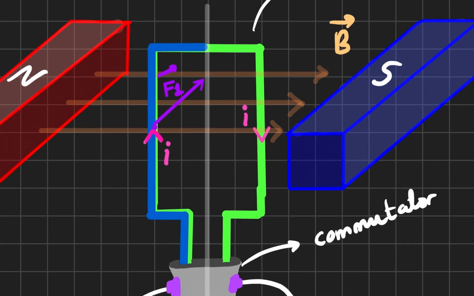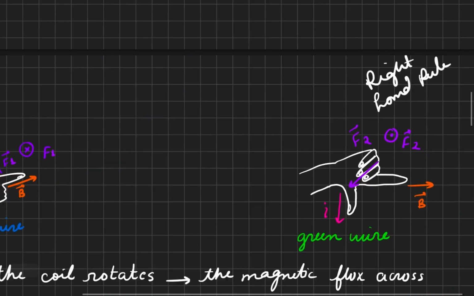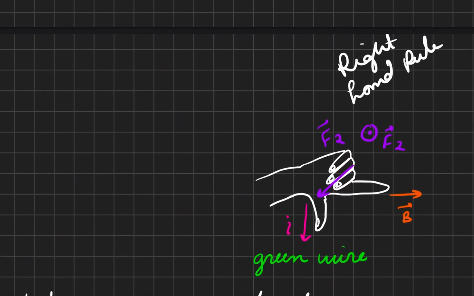We have the current I moving downwards and the magnetic field B also horizontally to the right. Let's see the right-hand rule for that. This is our right hand, okay? And we have I downward and B to the right.